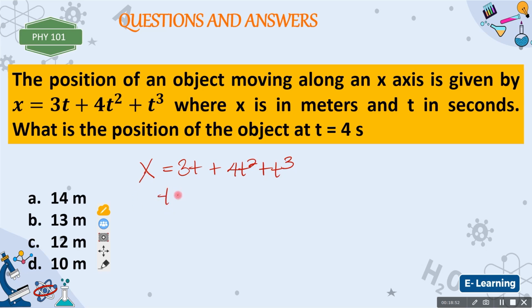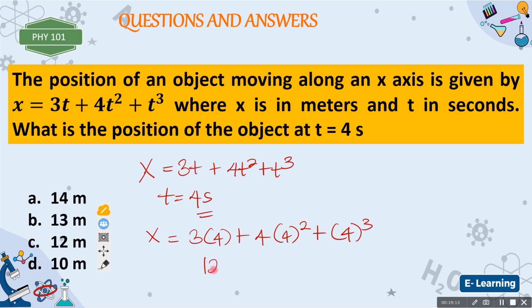At t equals 4 seconds, in that case, what you just do is substitute the 4 into this equation. So x will be 3 times 4 plus 4 times 4 squared plus 4 to the power of 3.